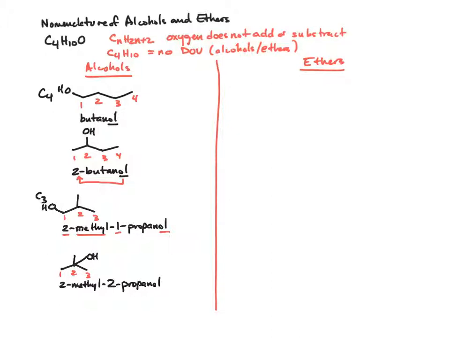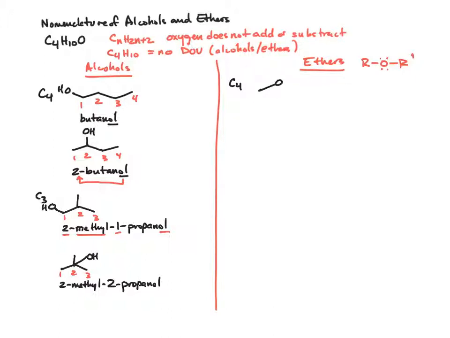Let's move over to the ethers. So remember that the general formula for an ether is ROR prime. So you have an oxygen with 2 sigma bonds to carbons. So for the C4, we're going to have a 4-carbon chain, and so we're going to put the oxygen in between sigma bonds at this point. So let's start off. We have a methyl group.